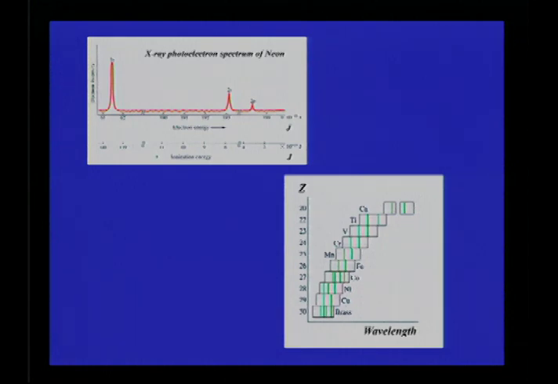And you could see that the top scale is the electron energy in joules, and the bottom scale is the ionization energy. So we have the photoelectron spectrum, how much energy is needed to ionize these electrons.